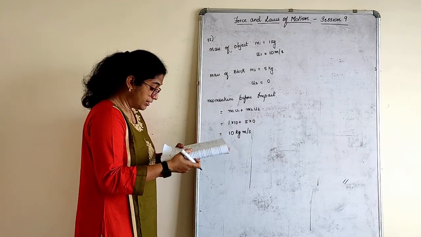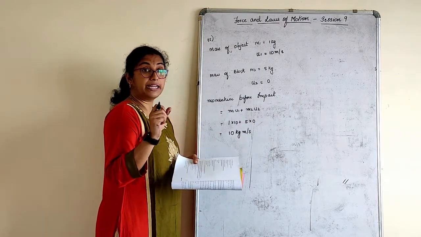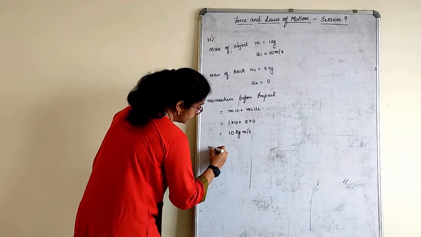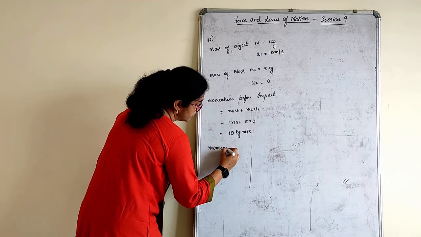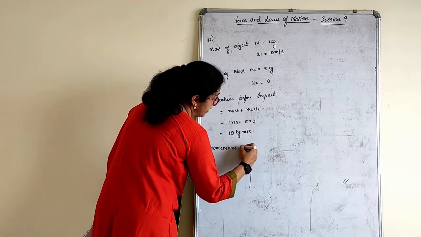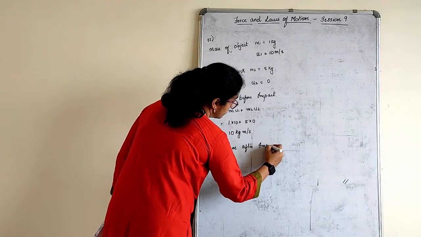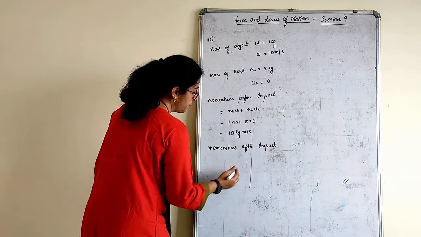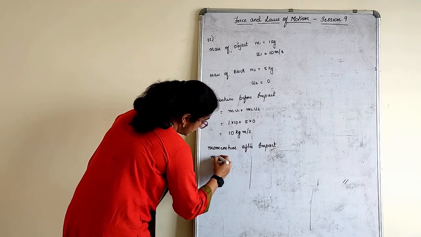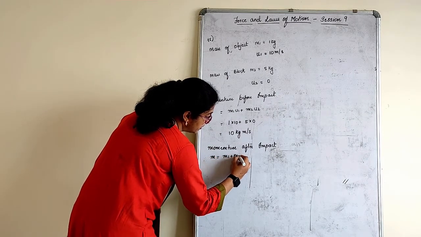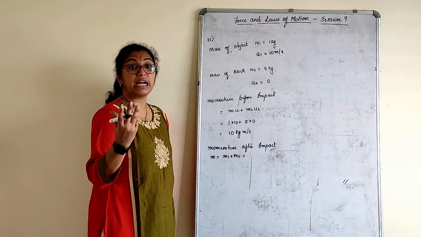Okay. Next what they have asked is, they combine together. So the second part, momentum after impact. Mass will be nothing but m1 plus m2. Mass will get added up here.